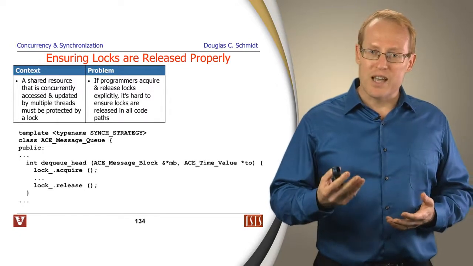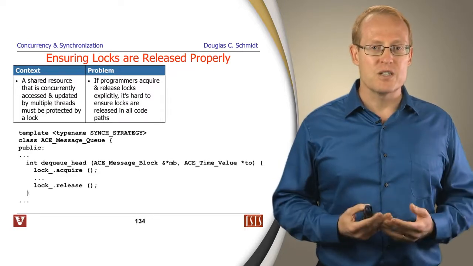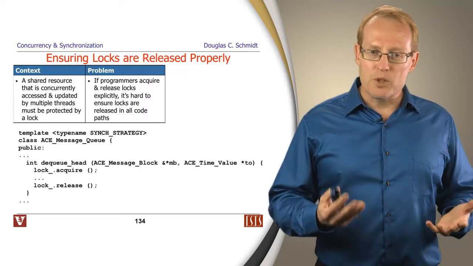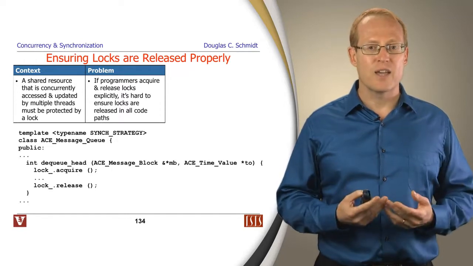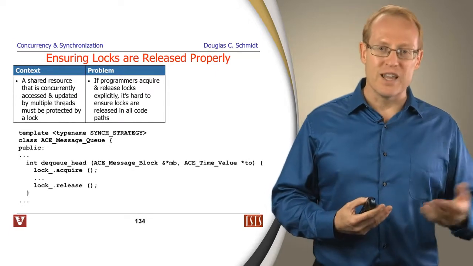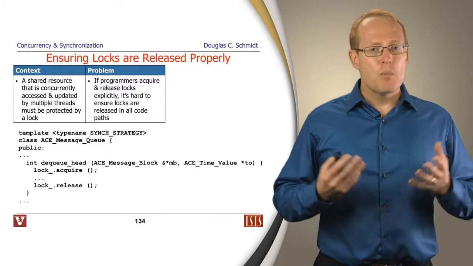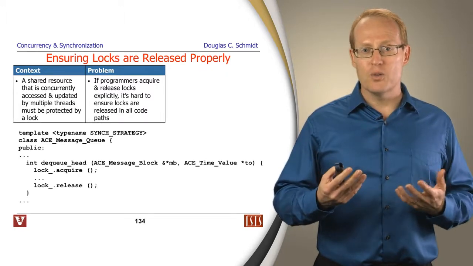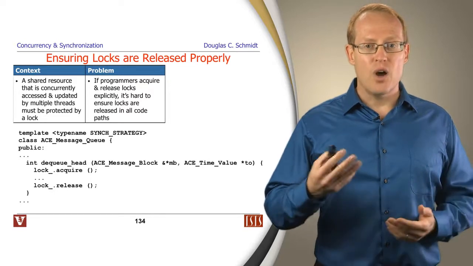And if you don't release locks properly, you can end up with deadlock or other kinds of inefficiencies in your solution. This is a particularly tricky thing when we start trying to apply things like strategized locking, where it's not always clear whether we're locking things for real or not, because we might have null locks or recursive locks or non-recursive locks and so on. But in any case, we have to write the code that acquires a lock on the entry to a critical section and releases it on the way out.